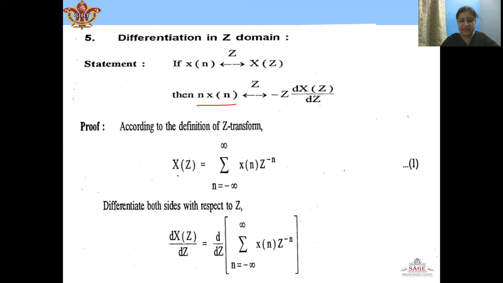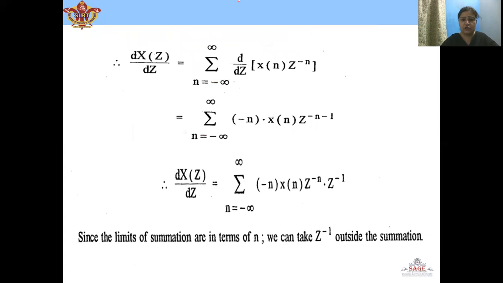I'll take the derivative of both sides with respect to z. So dX(z)/dz is equal to d/dz of this whole expression. Now we can see x[n] does not have the variable z, so this d/dz will be calculated for z raised to power minus n.